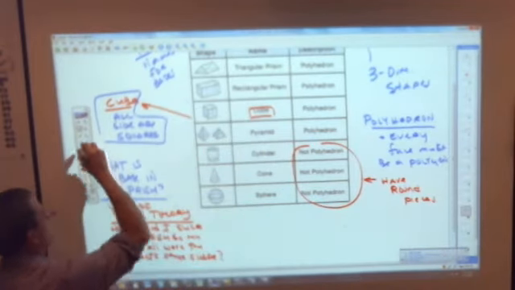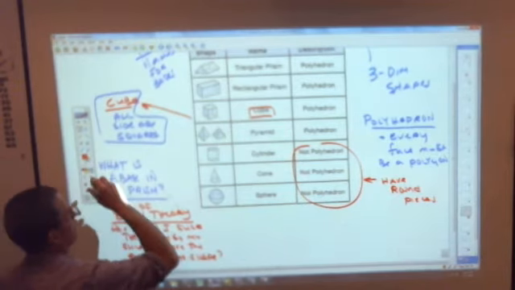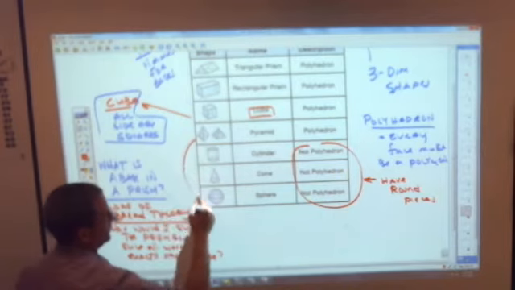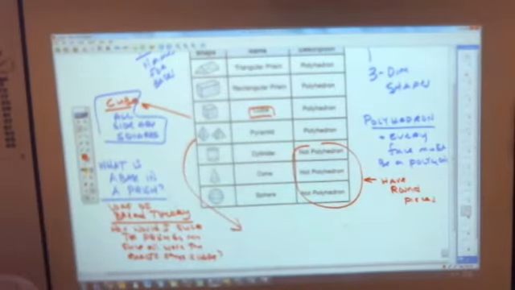Now, what about a pyramid? What's special about a pyramid? By the way, you can't really use the loaf of bread theory for the pyramid, per se. But what makes a pyramid?